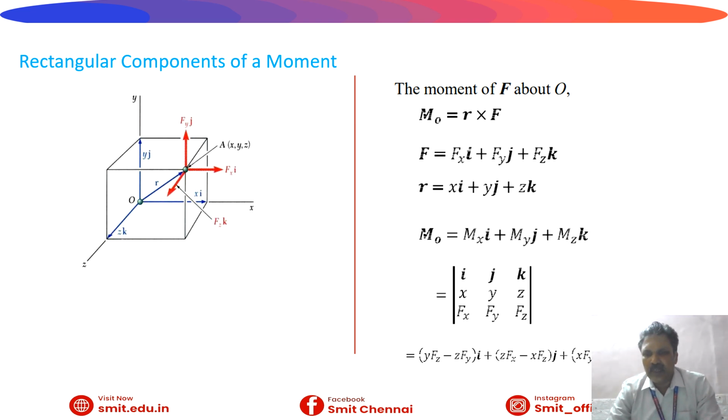Like that we take all the components and write what is for R and what is for F. We combine all the i components here, and finally, with the matrix multiplication, you will get, for i: (y Fz minus z Fy). The same thing again, plus (z Fx minus x Fz) j, then plus (x Fy minus y Fx) k.